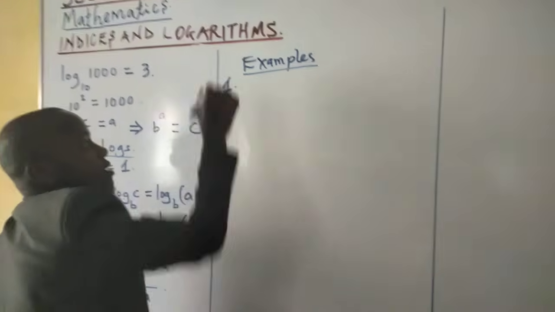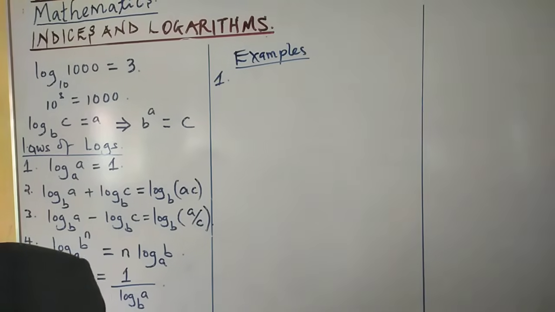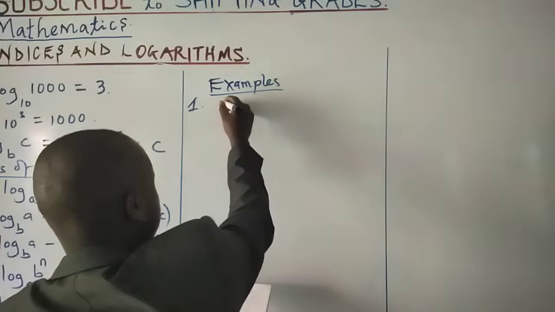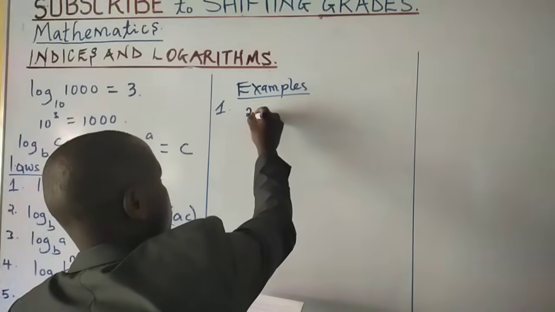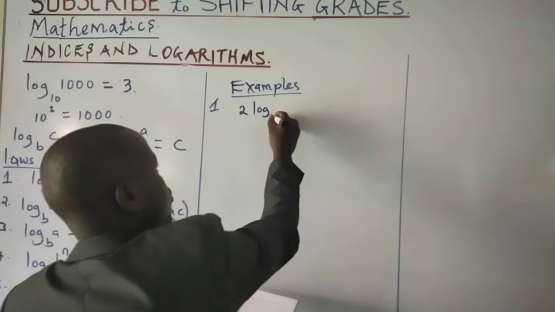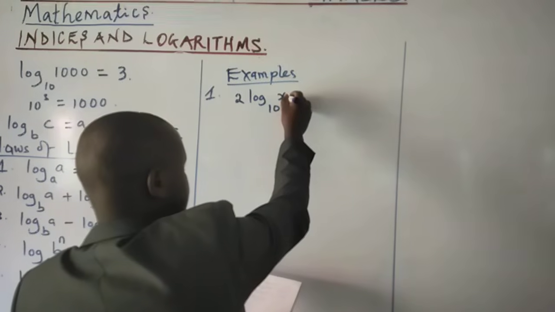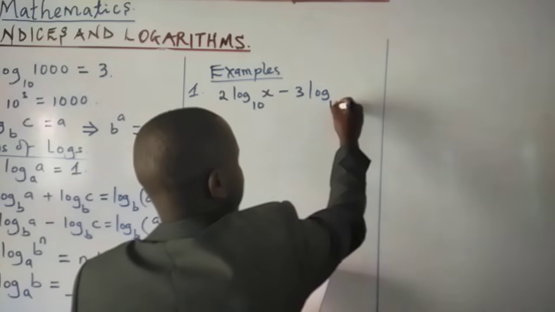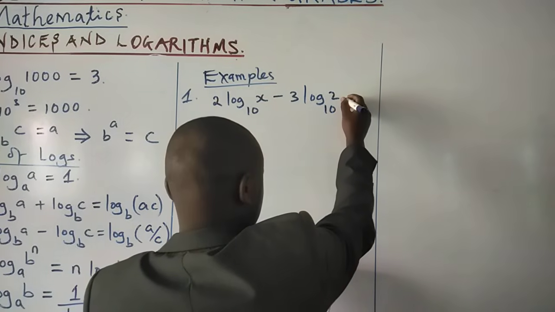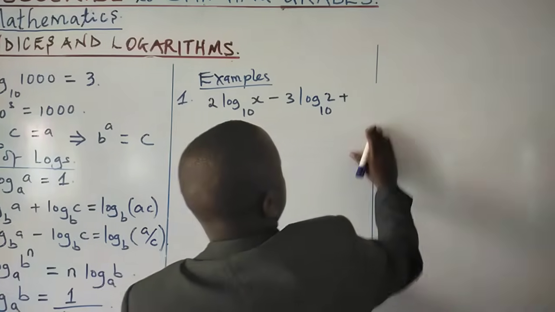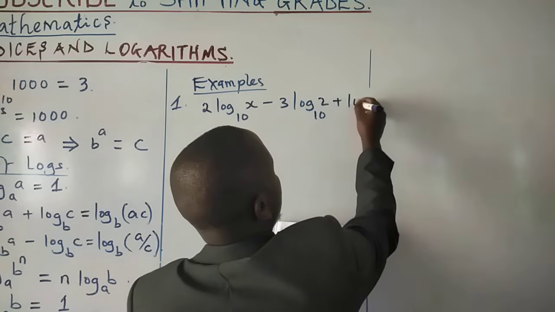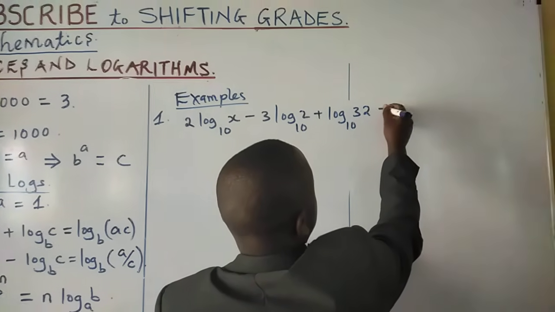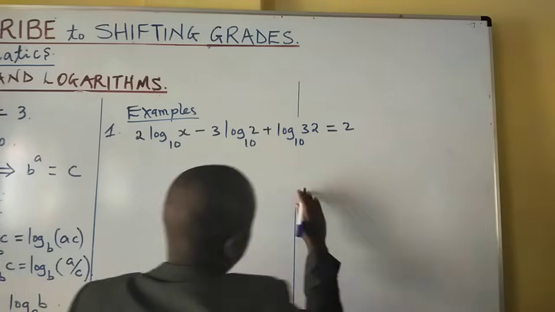The first one, let me read it. One example says that 2 log to base 10 of x minus 3 log to base 10 of 2 plus log of 32 also to base 10 is equal to 2.